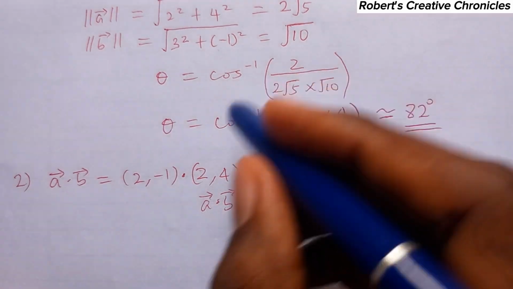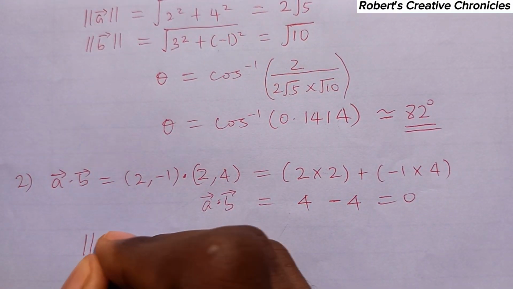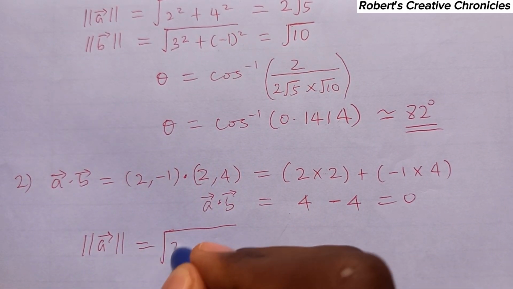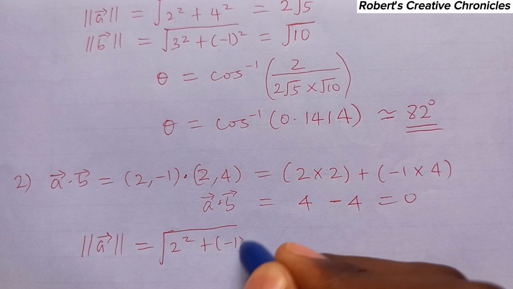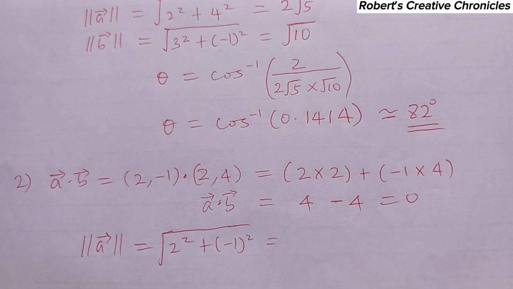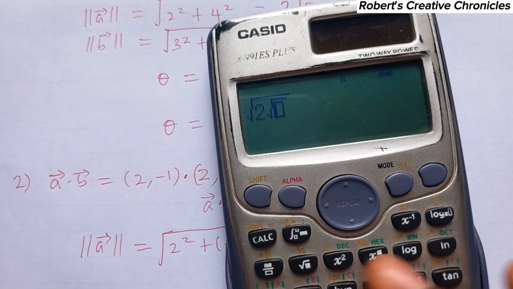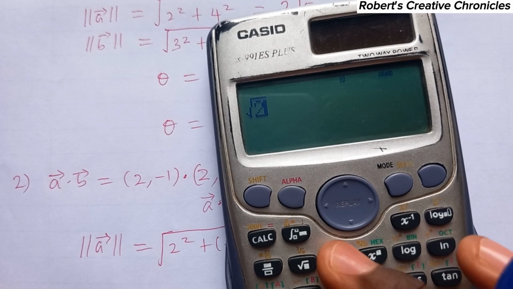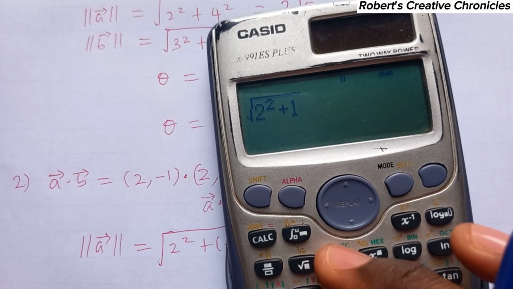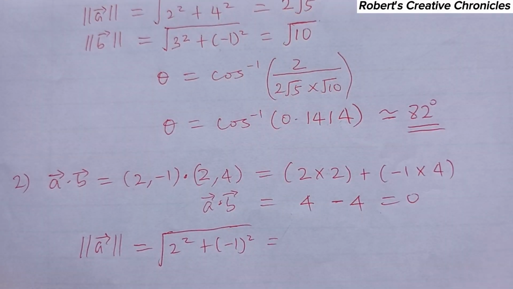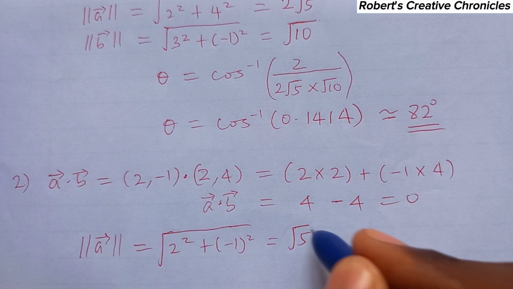So let's do this. We need to find the magnitude of A: 2 squared plus minus 1 squared, which is 2 squared plus 1 squared, is root of 5.